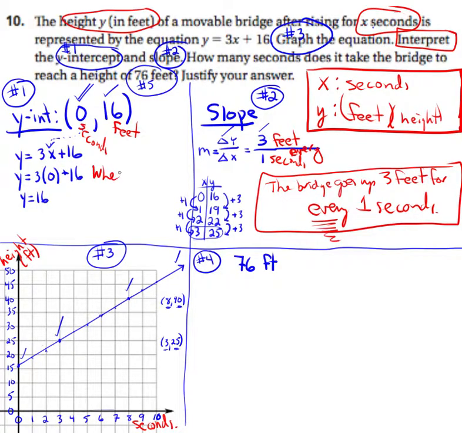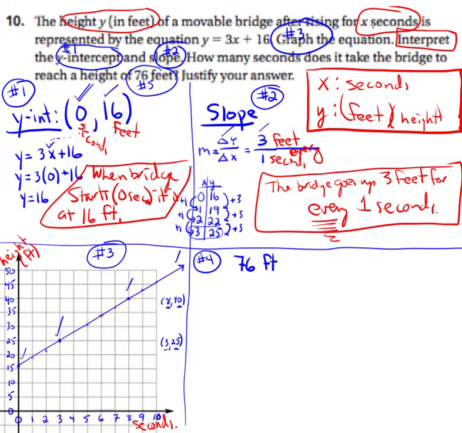So when the bridge starts, and I'll put 0 seconds behind that so it's clear what I'm talking about in my y-intercept. When the bridge starts with 0 seconds, it is at 16 feet. And that is interpreting the y-intercept using those labels.